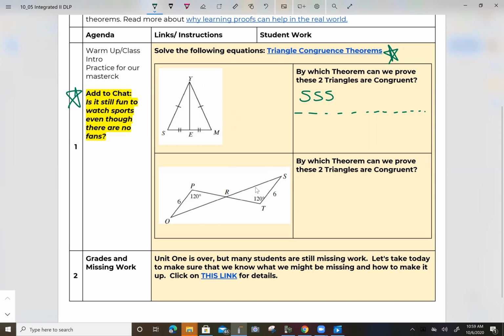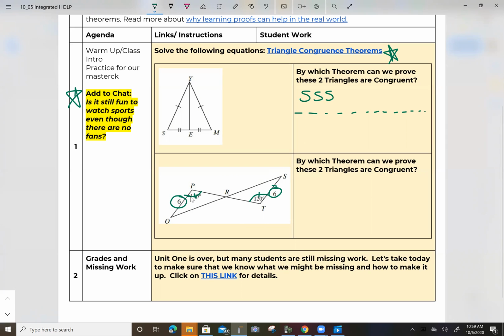So the second one, we know that they have a congruent angle that's 120 degrees. We know that these 2 triangles have a congruent side here, which is a length of 6. So the question is, what else do I know about these 2 triangles that may help me prove that they are congruent?